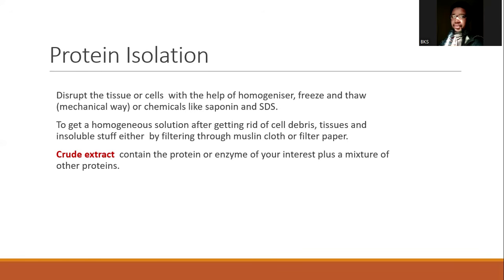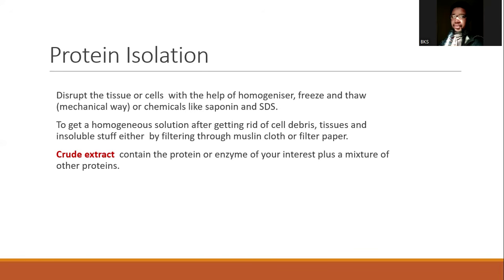Freezing and thawing involves freezing until the cells are frozen, and then suddenly raising the temperature so that they thaw, and then freezing again. This spontaneous change can cause the breakage of the cells, and then the content gets released. Or you can use a homogenizer. You can use a mortar and pestle to homogenize, to break open the cells.